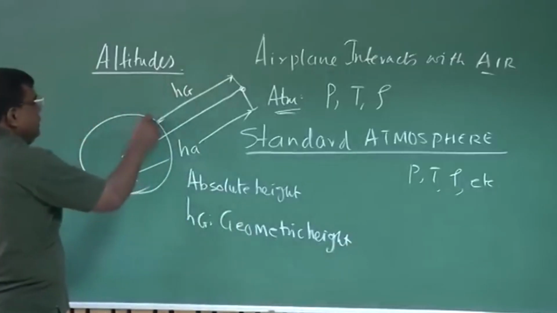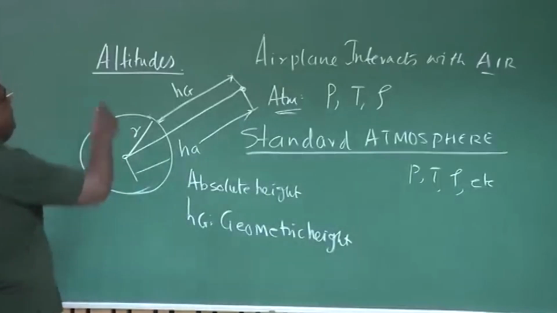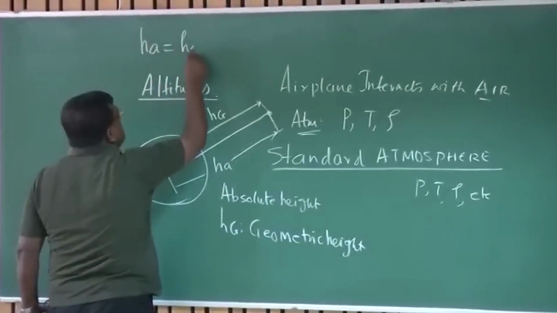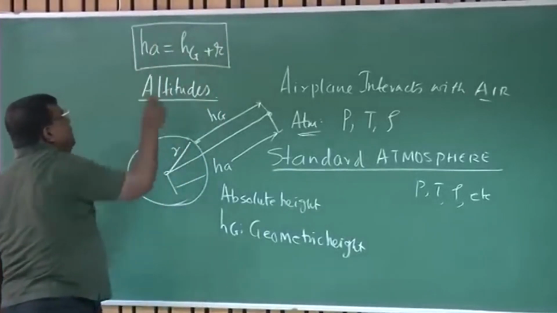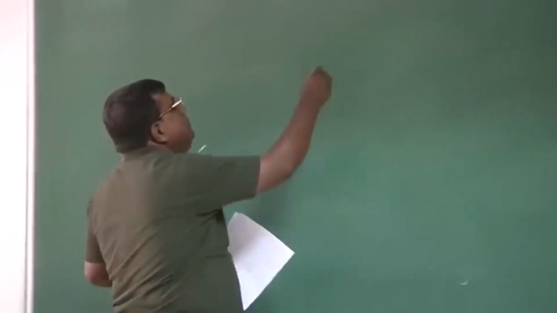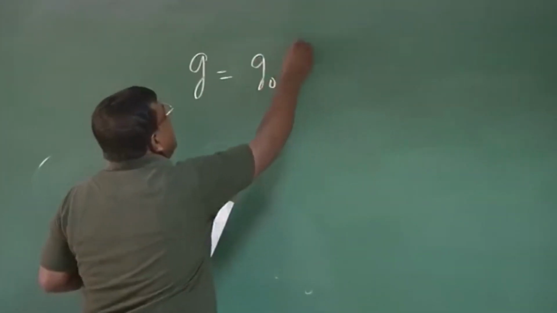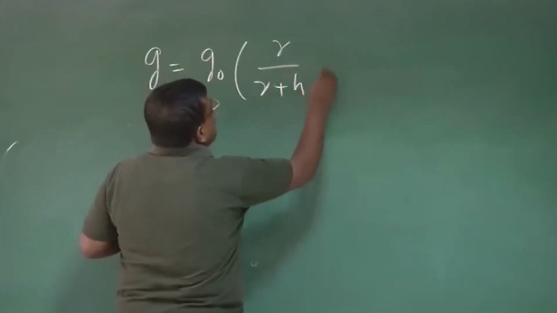And if I call this r, small r, as the radius of the Earth, then it is very simple to see HA is equal to HG plus radius of Earth. Right? And we know that g at any station can be written as g0 times r by r plus HG, whole squared.